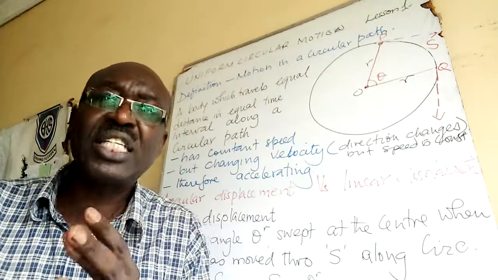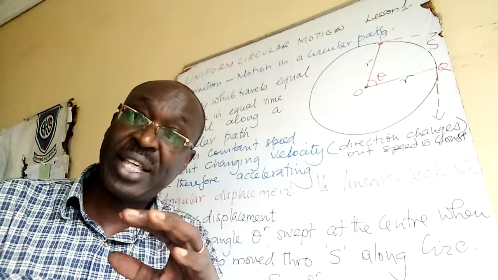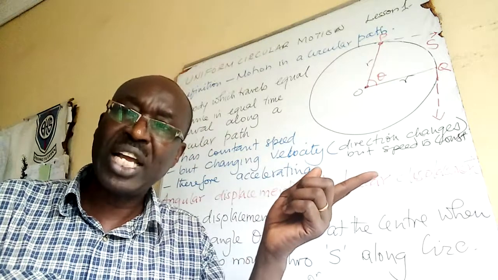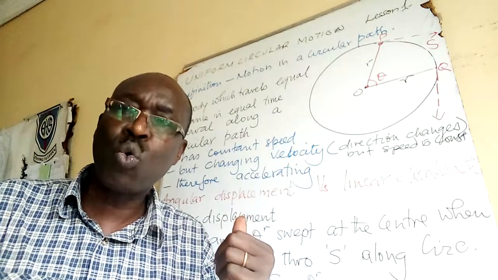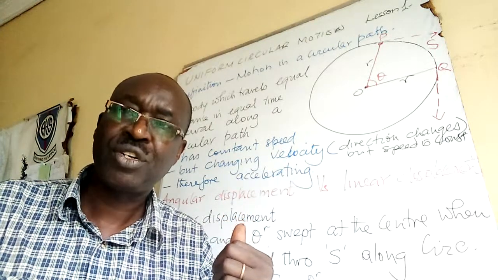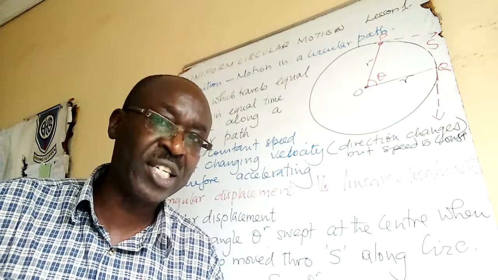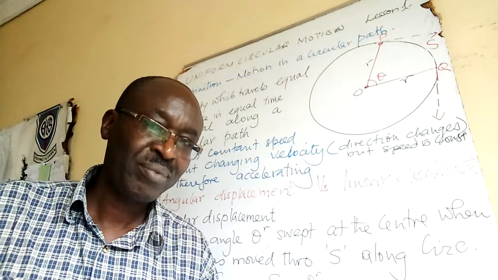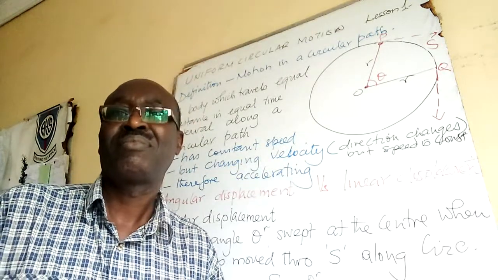So let me just get you right if you want to know this thing. If I'm moving in a circle, okay, and I stop quarter-way of circumference, what angle in degrees is subtended at the center? Correct, 90 degrees, right?